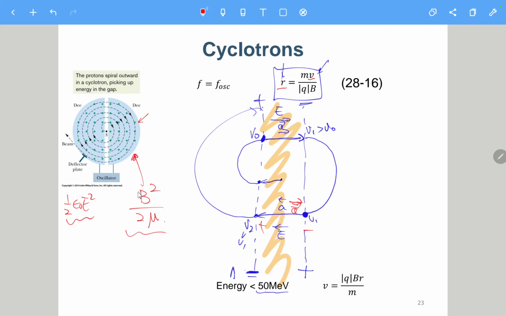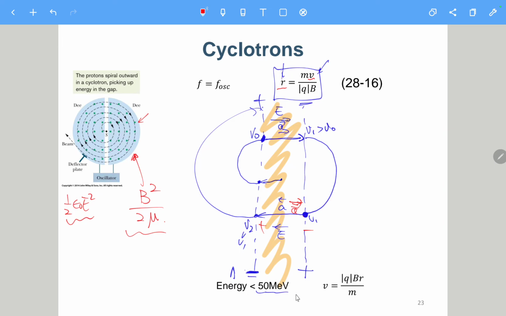So you can see if we need B to be larger, we need more energy, and we need more energy in a larger area, which is a limitation. So we cannot accelerate the particle to an even higher energy with this setup. But at least its mechanism is easy to implement.